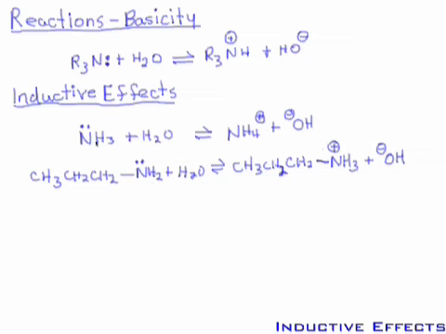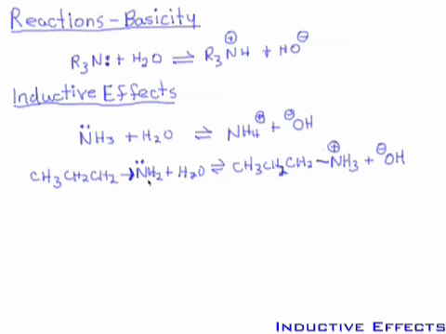Well, ammonia has hydrogen in place of the carbon. Carbon is larger, more polarizable, has more electrons, and being of very low electronegativity, it tends to be electron releasing. That is, carbon pushes more electrons into the nitrogen through its sigma bonds than a hydrogen can.